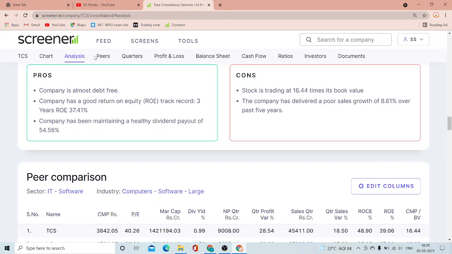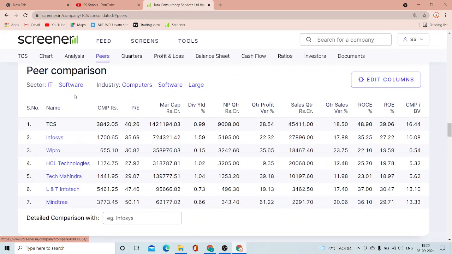Next is peer comparison. If we go to the right column, here it is peer comparison. TCS, we know, is a software company, so the peers are TCS, Infosys, Wipro, HCL Tech, L&T, Mindtree. Here we can compare the CMP, current market price, and P/E, price to earning ratio, so you will be able to know which is the better company.